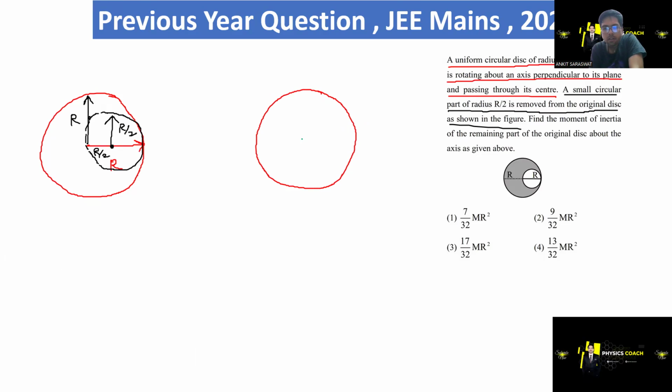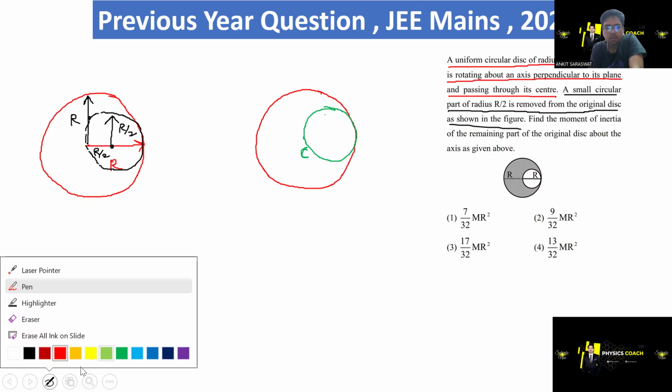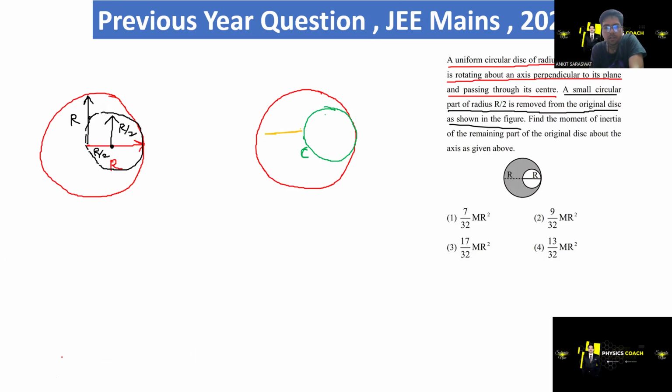So I am showing the center of the disk and this portion we have removed. Mass is present here. So the answer they are asking for is equal to what?